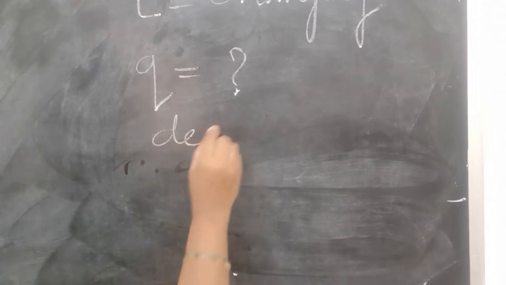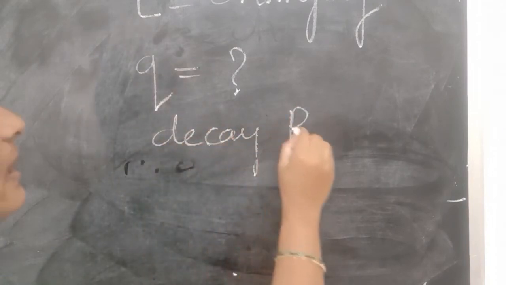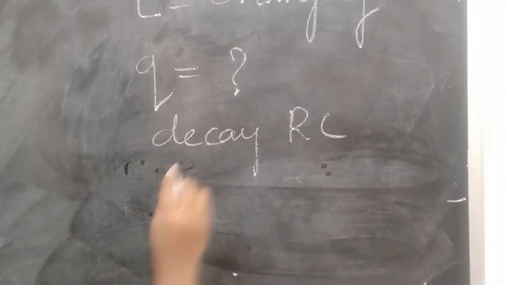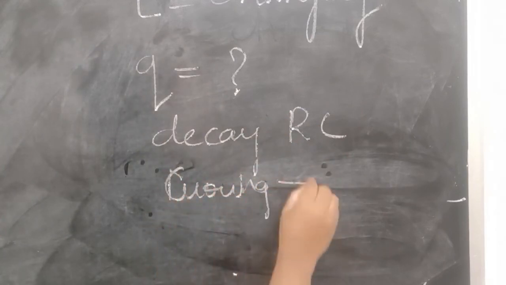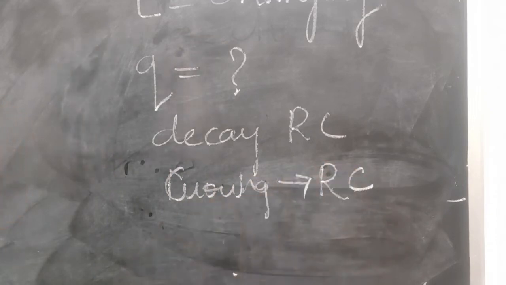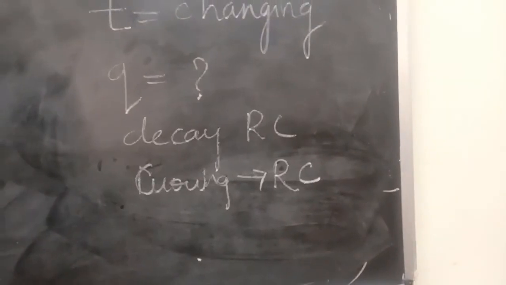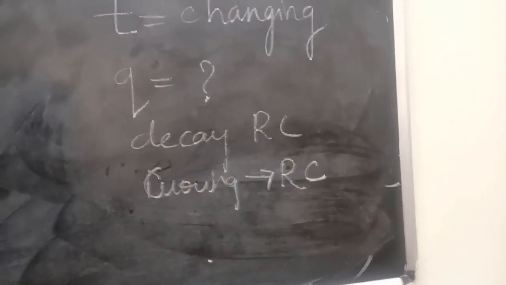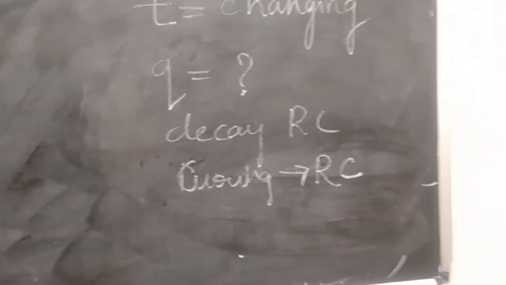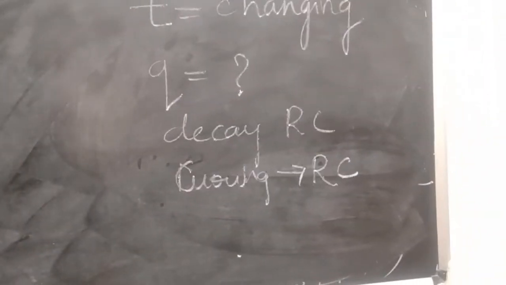Is it decay of RC, meaning charges are decreasing, or charges are growing in the RC circuit? That is our target. Okay.